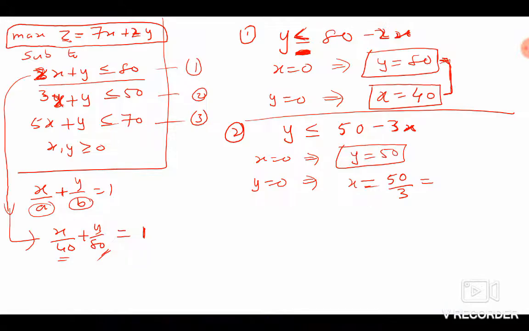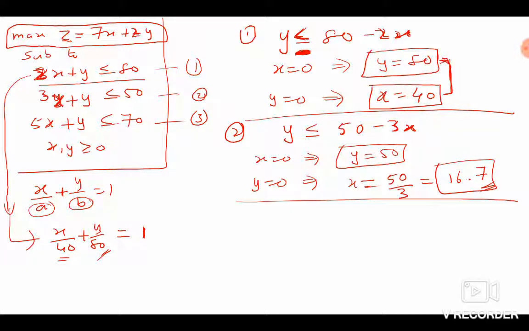You can find by using your calculator, maybe around 16.7, isn't it? Okay, something around 16.7, leave it. This is the x-intercept.